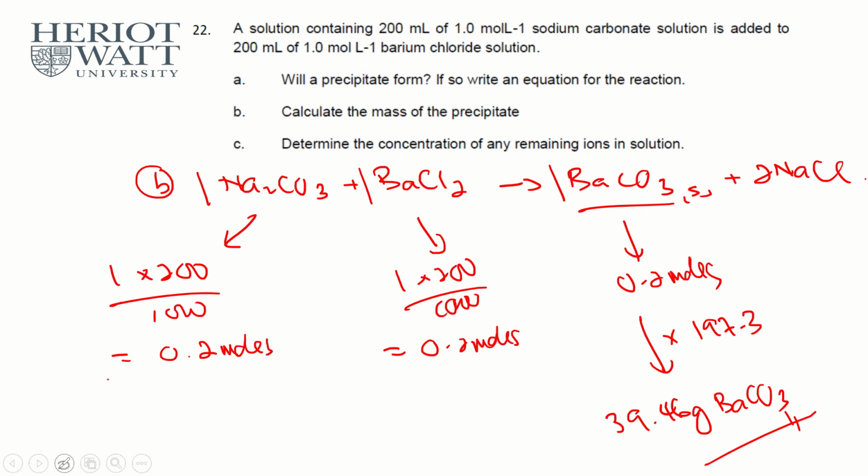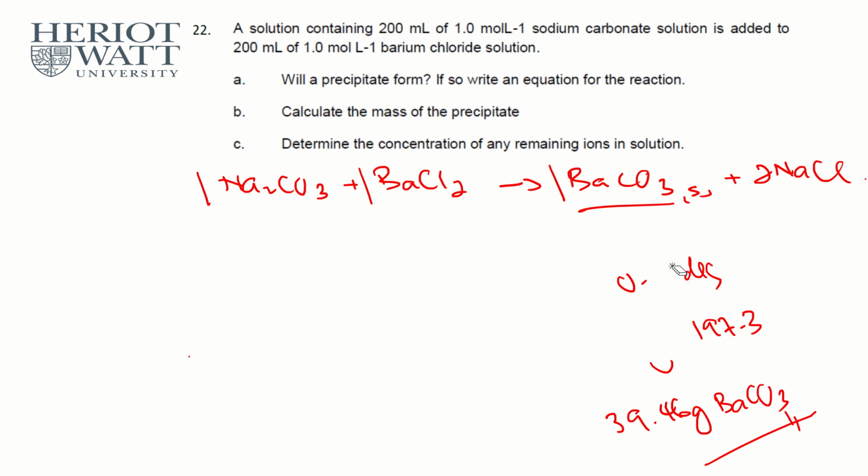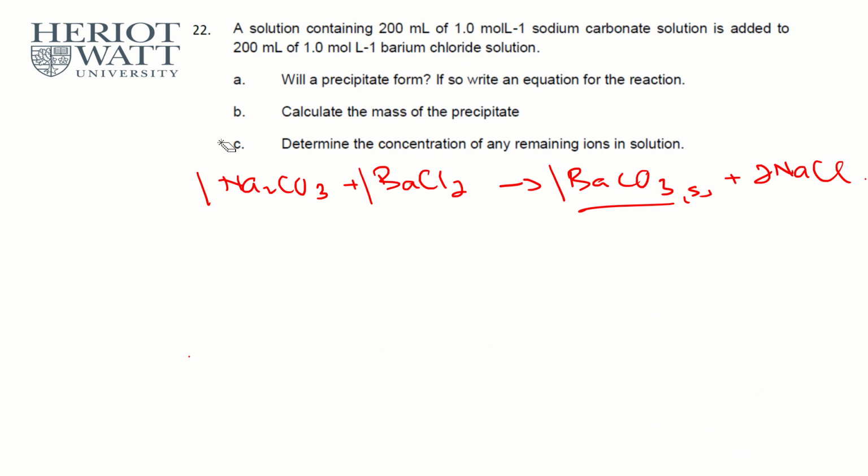Part C. Let me erase only certain things. Let me erase the mole, so it should be 0.2 for both. So that's part B. Now I'm in part C. All right.